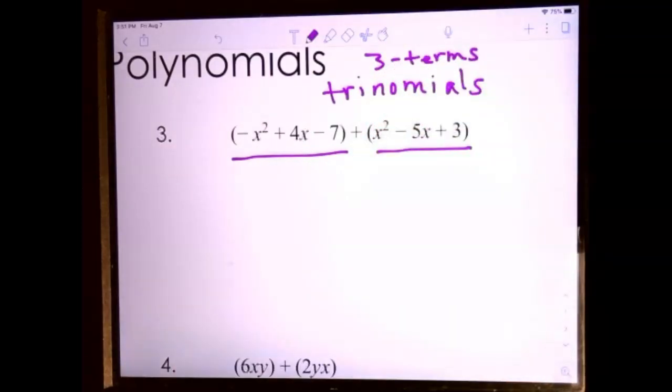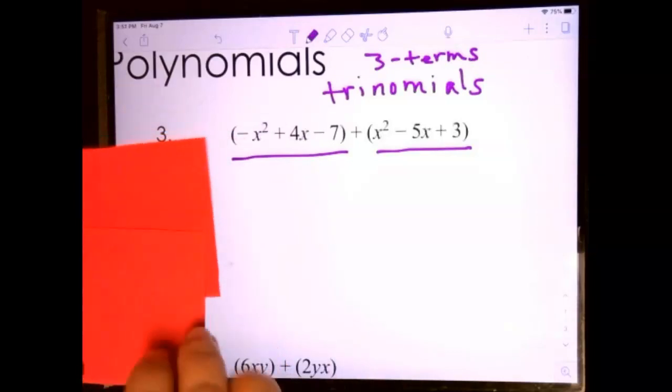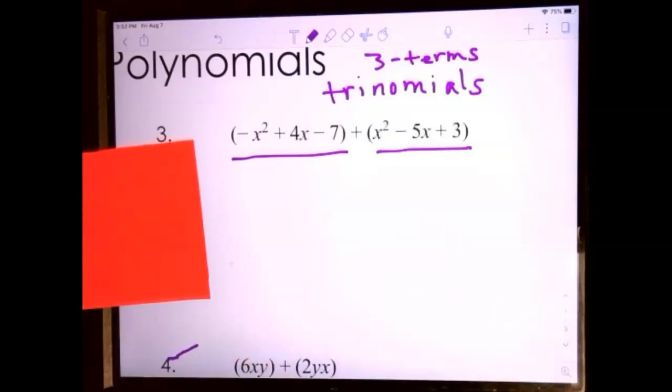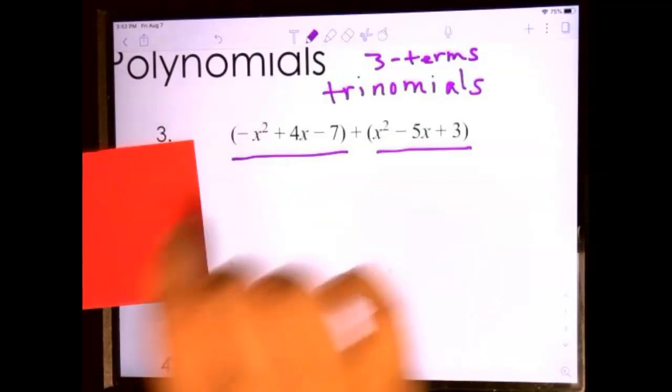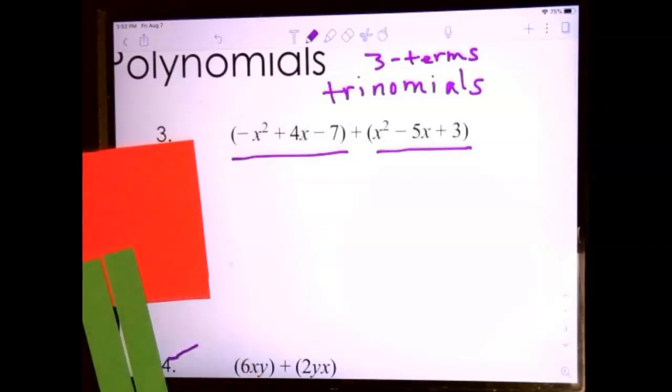Now, I can use my algebra tiles, and I have negative x squared, 1 of those, negative x squared. Look, I'm looking at the 2, and I'm thinking I need 2 of them, but no, this is the exponent, so I don't need 2 of them. The coefficient tells me how many I need, so I need 4 positive x's, 1, 2, I'm putting them off to the side here so I have enough room. 3, 4.